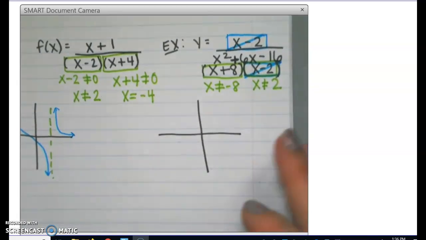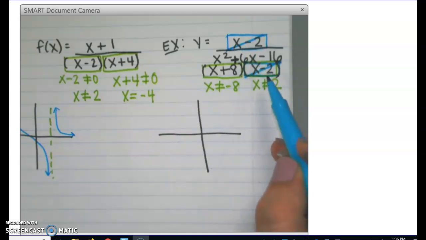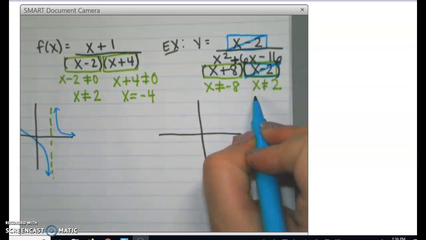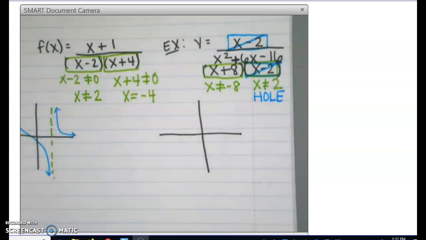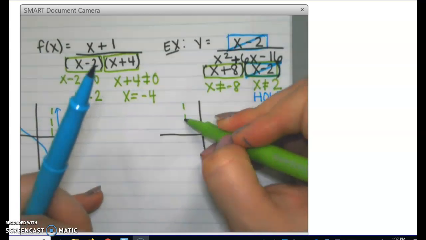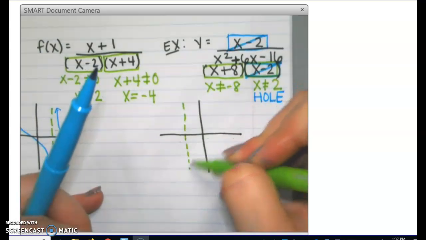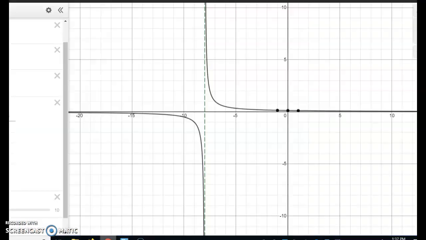So the fact that that cancels, we call this a removable discontinuity because I can remove the factors, and that is turning this one into a hole in the graph. All right, so we have a vertical asymptote at -8, but there is a hole in the graph as well.